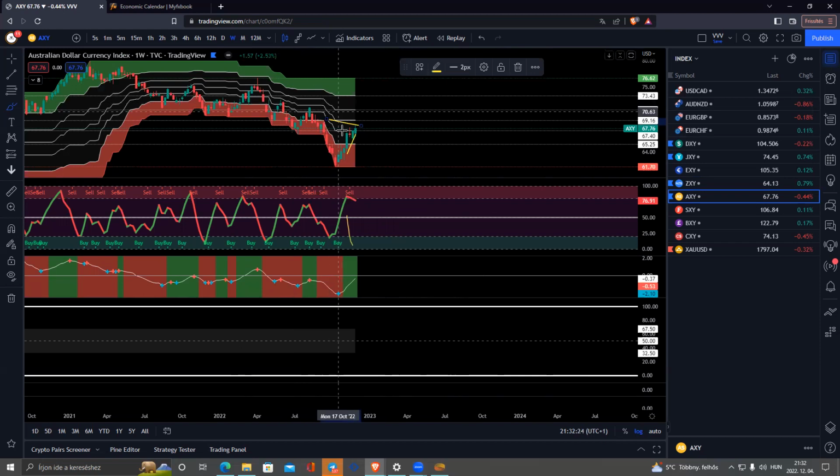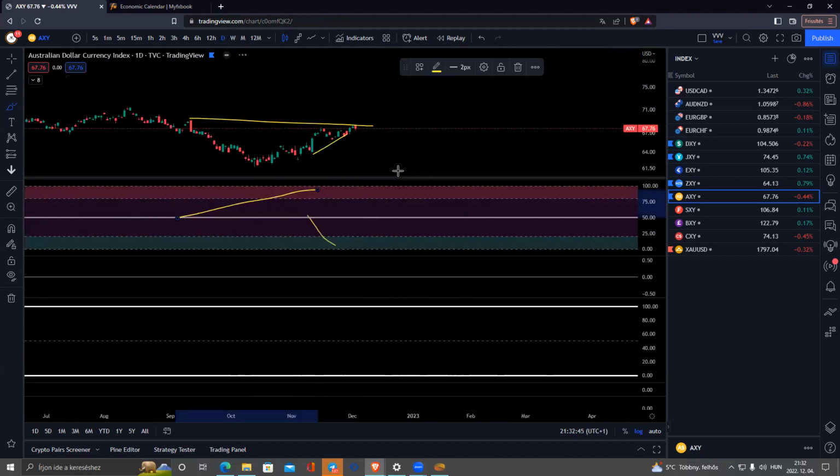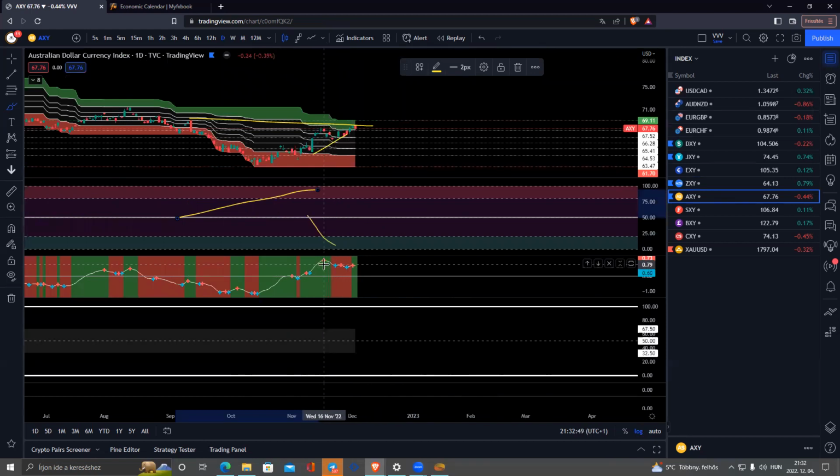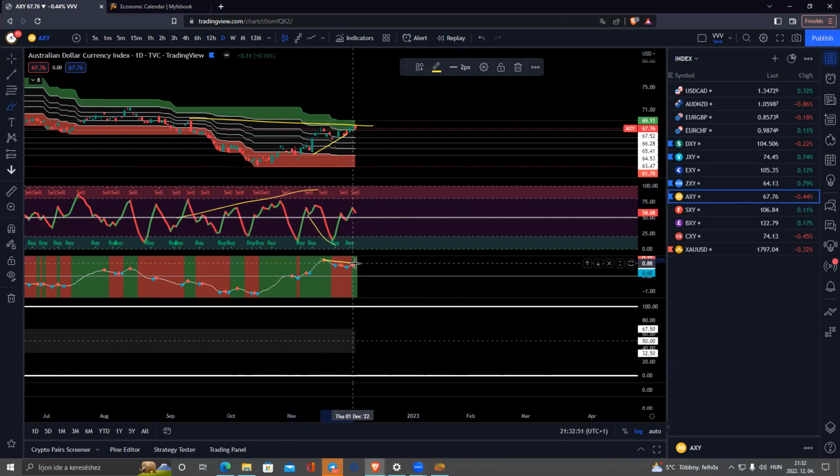If it turns down, there is a divergence, and I want to see the price right now make a down movement because we are under the zero line on the AXY. Let's turn red on weekly basis. Let's see on daily. On daily, there is a structural divergence, which means the VV plus is heading down.